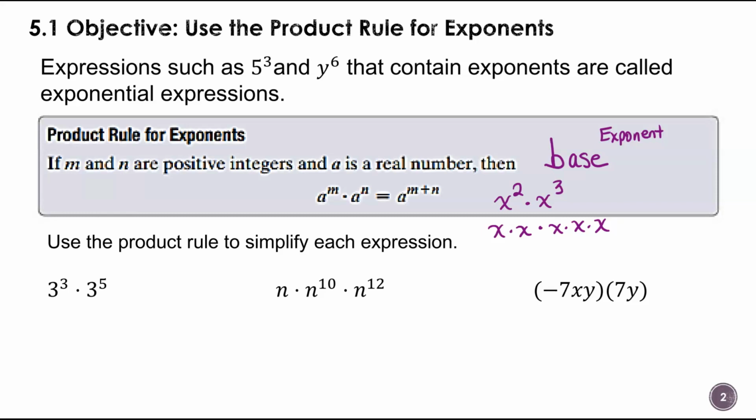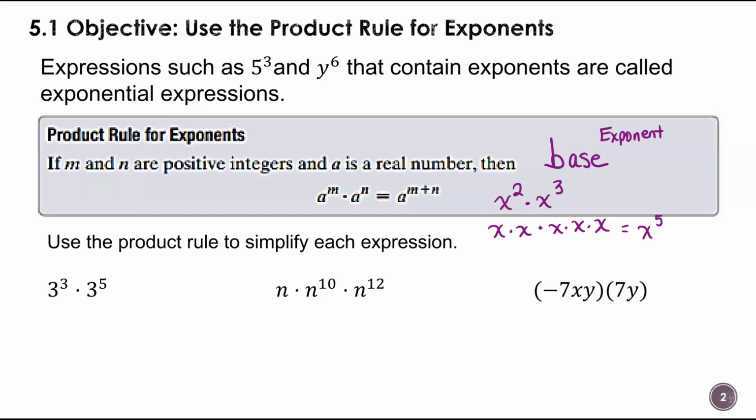If you count these, you see that you have x to the fifth power because I have a base 5 times, right? The x is there 5 times. And so that's why this works. It is a shortcut because we don't want to have to write these in expanded form. Just add the exponents and there you have it.